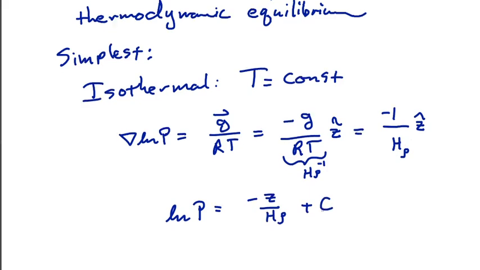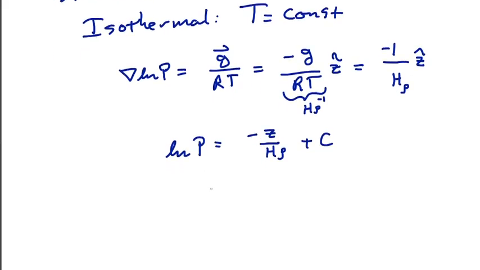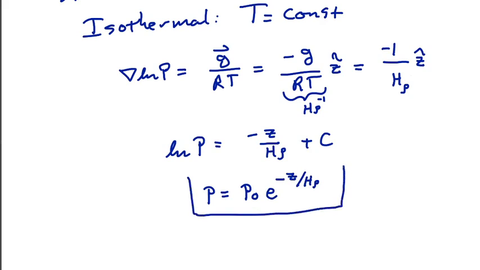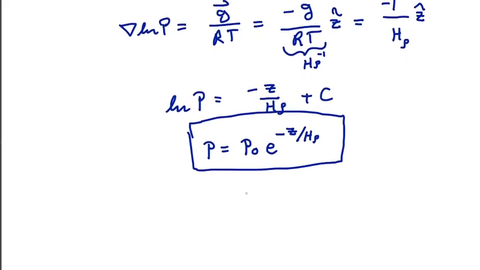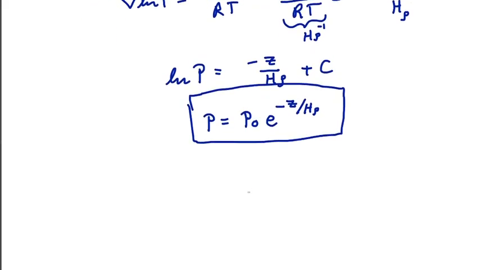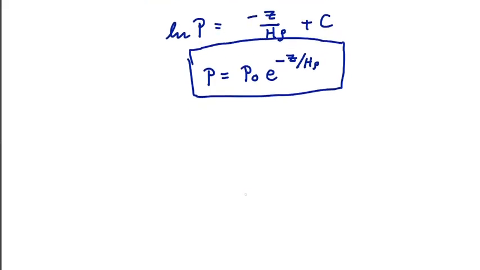And then we can solve this to get that p is equal to some base pressure, some p_0, times e to the minus z over H_ρ. This is our exponentially stratified isothermal atmosphere. That's our simplest system that we tend to consider, and that's relevant to astrophysical or atmospheric systems.